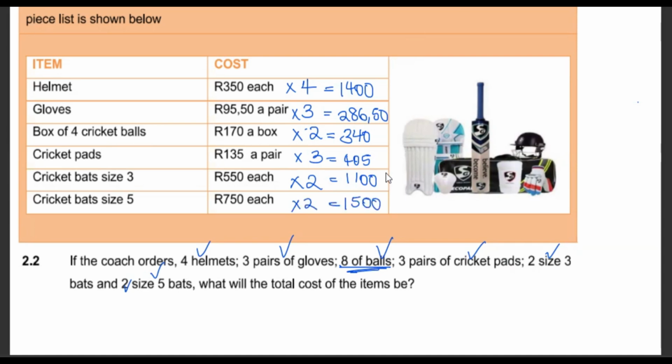We add everything up: 1,400 plus 285 plus 340 plus 405 plus 1,100 plus 1,500.